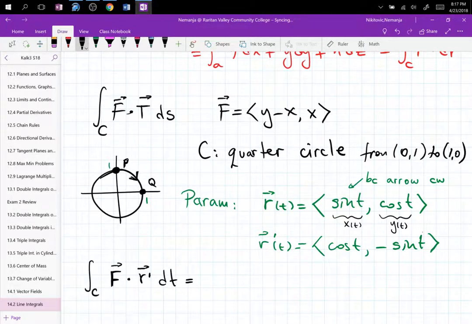So this is the integral from a to b. Ooh, what are my limits on t?